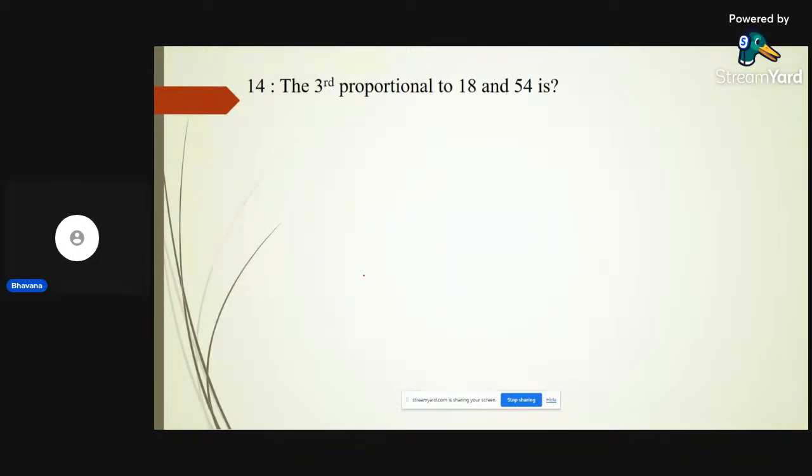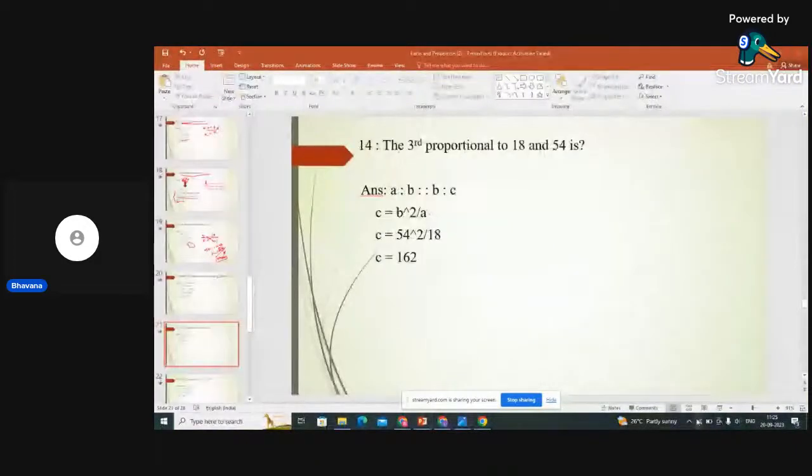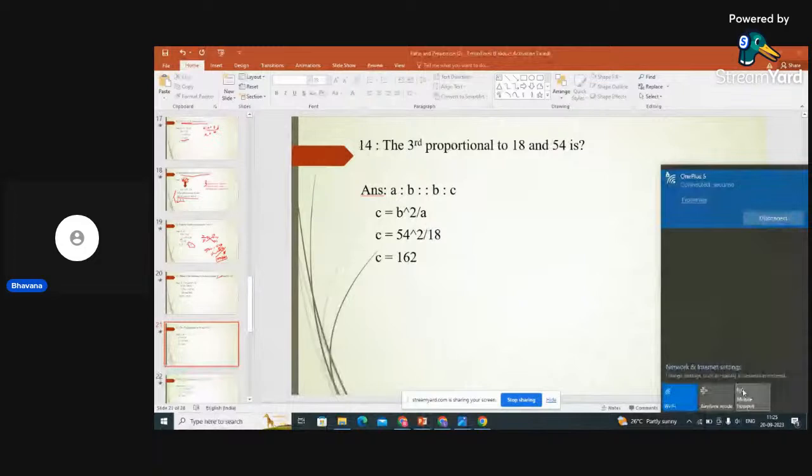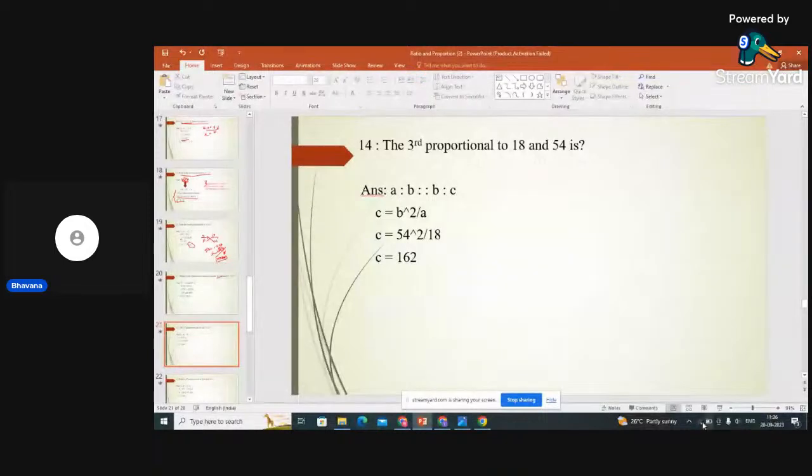So what is the answer for this? The answer is 162.